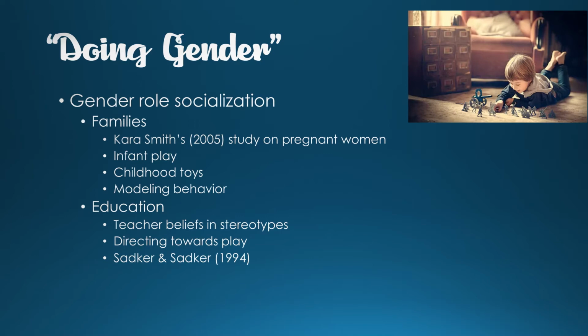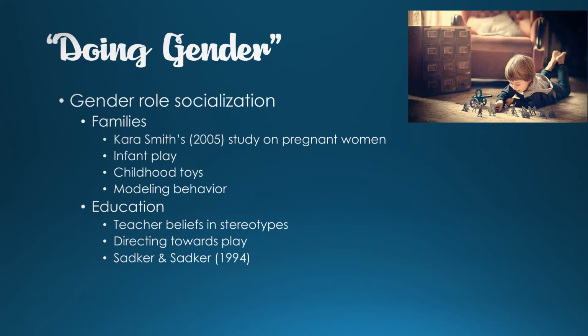Sadker and Sadker had a landmark study in the 1990s where they studied classroom roles and gender. What they found is that teachers interact with their students differently based on the gender of the child.